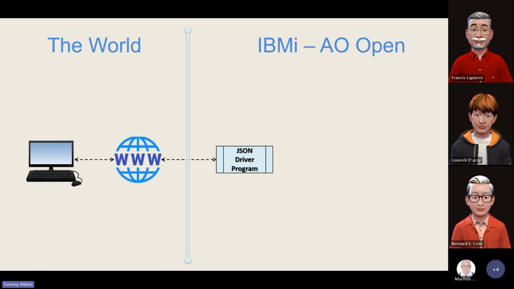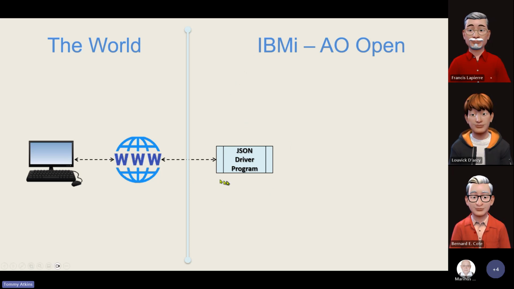Now, these are the AO open components that are supplied to you as part of AO open. But I have to stress, all of this is an example. The JSON driver is template driven.